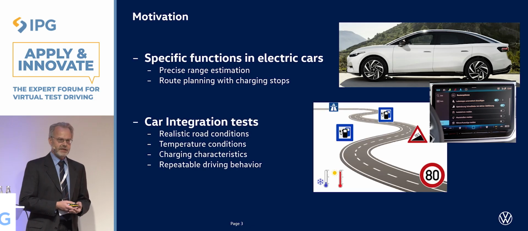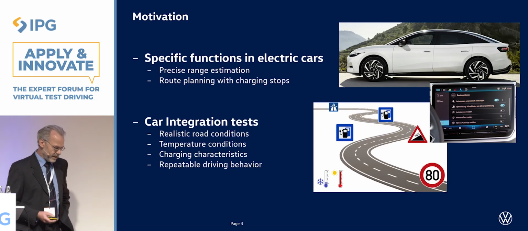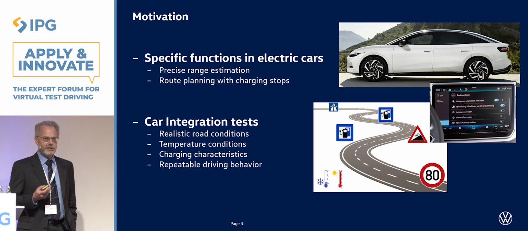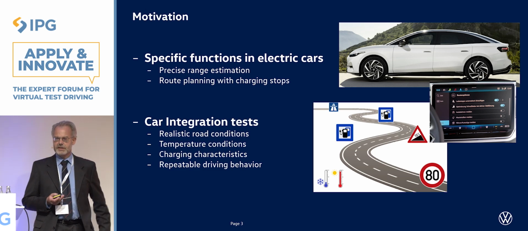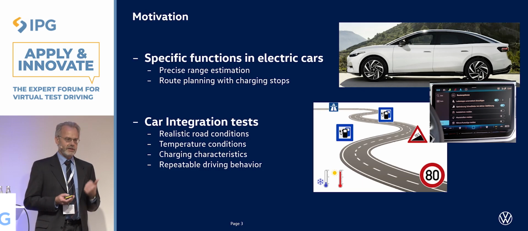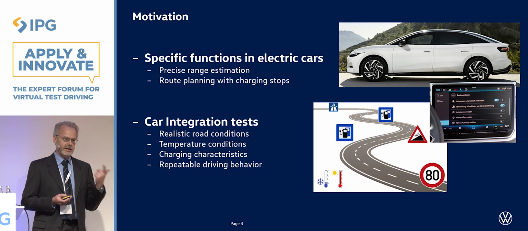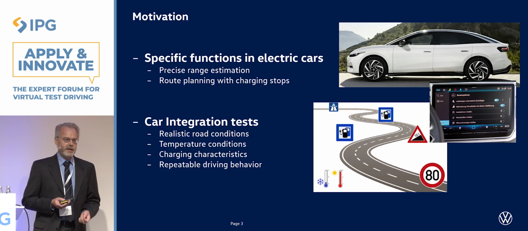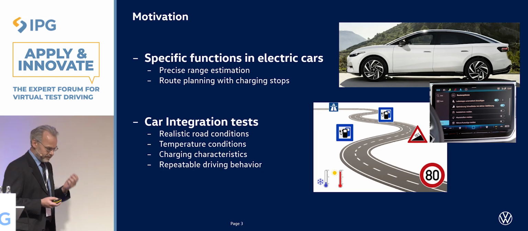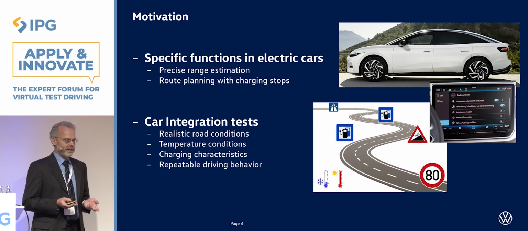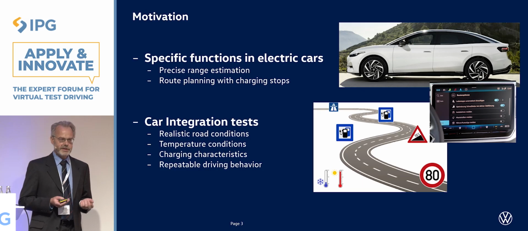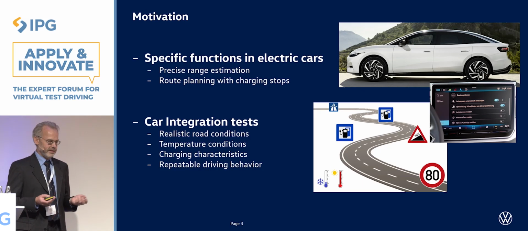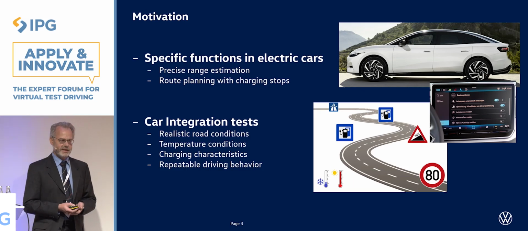If you want to test such a function, you need to apply very realistic road conditions. This means not only that you have to reproduce the topology and the speed limit, but also the temperature conditions on the road. Furthermore, you should have realistic charging characteristics of the charging point that you're using during this test.